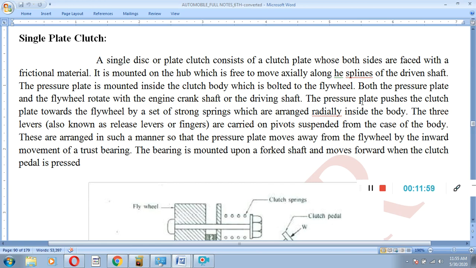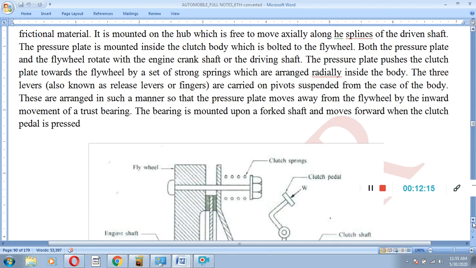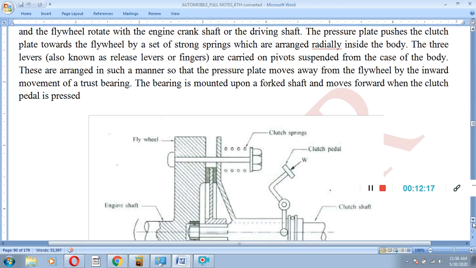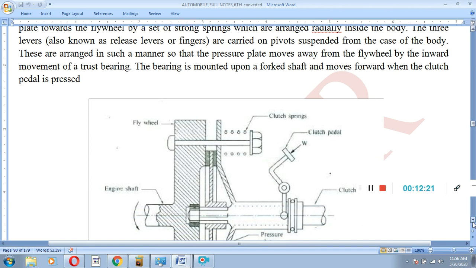The pressure plate pushes the clutch plate towards the flywheel by a set of strong springs which are arranged radially inside the body. The three levers, also known as release levers or fingers, are carried on the pivot suspended from the case of the body.